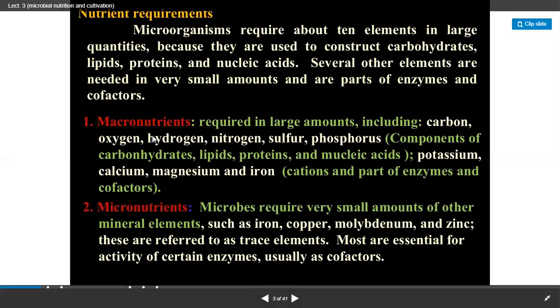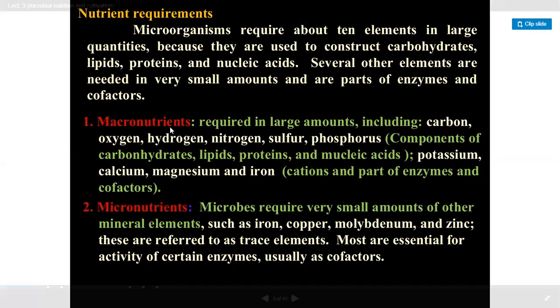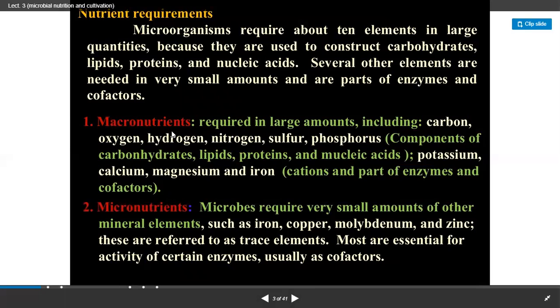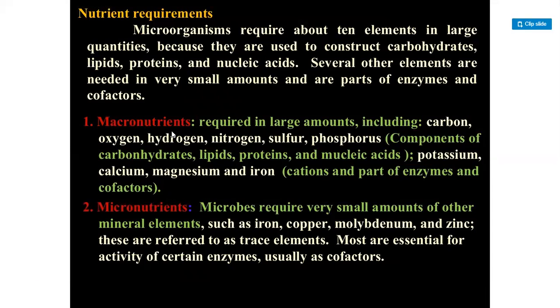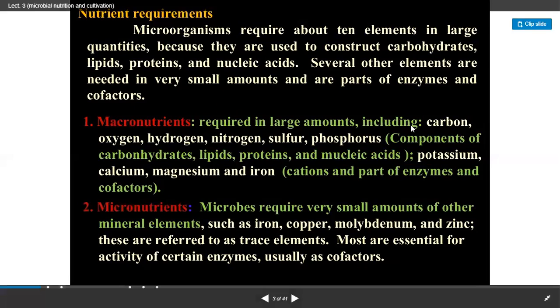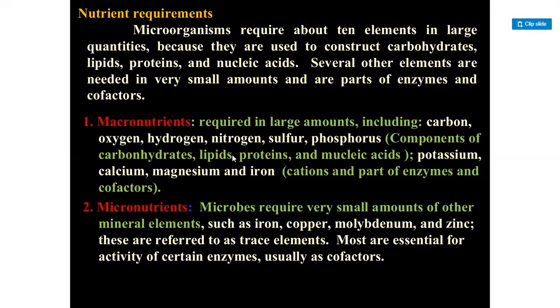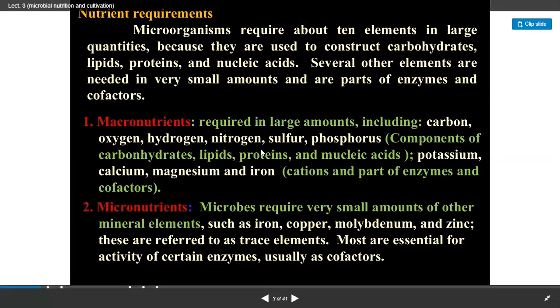So, what are the macronutrients? The macronutrients are required in large amounts, so they are known as the macronutrients. What are the macronutrients? Carbon, oxygen, hydrogen, nitrogen, sulfur, phosphorus. These are the macronutrients.